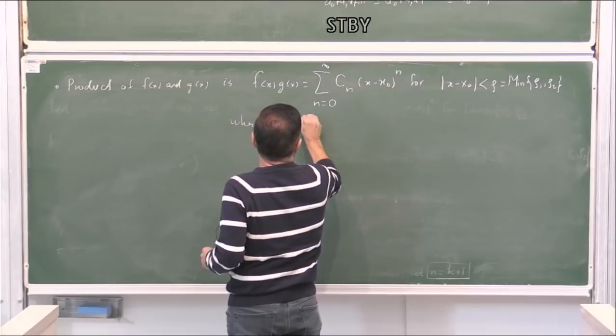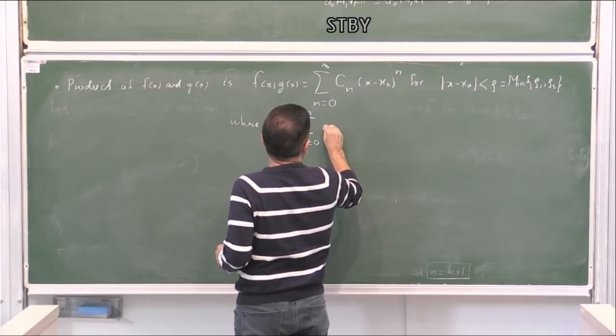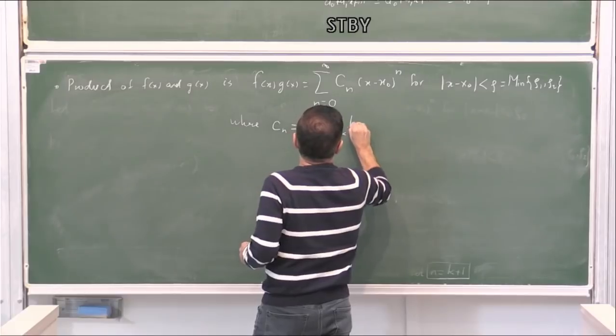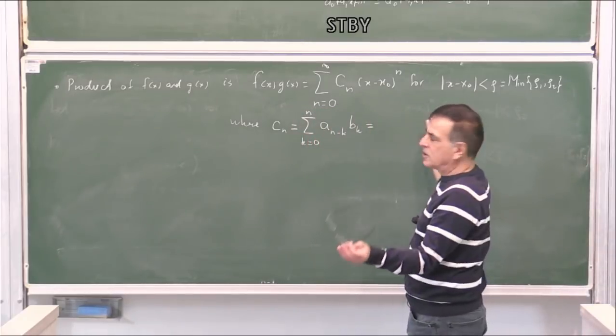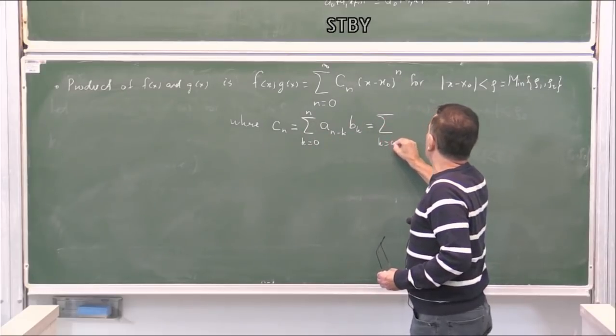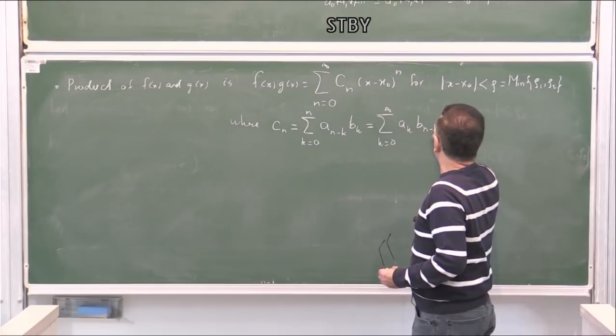c_n is a finite sum of numbers like a_(n minus k) b_k, or if you consider the sum in the reverse order, we can write it as a_k b_(n minus k).